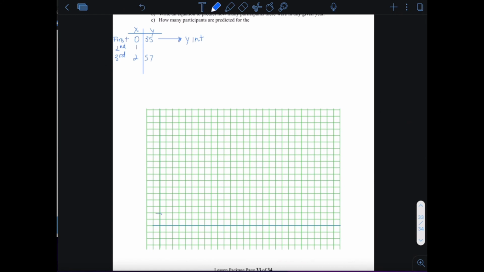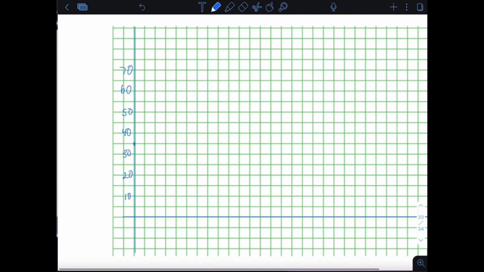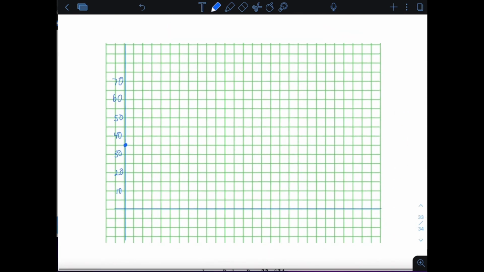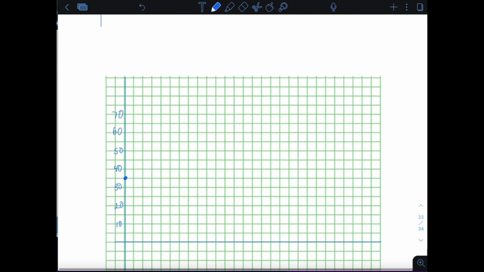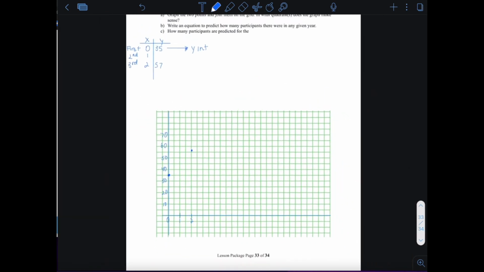So this here would be 10, 20, 30. Okay, so I have (0, 35), which would be right here. And then I have (2, 57). So let's call this 0, 1, 2. So at 2, this would be 55, and let's go up a little bit more, 57.